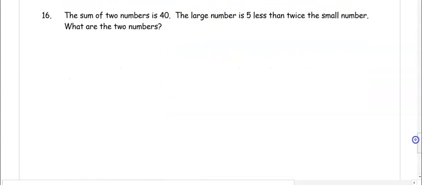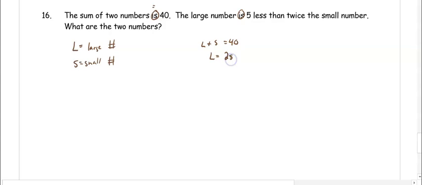In number 16, the sum of two numbers is 40. The large number is 5 less than twice the small number. What are the two numbers? So our variables here are going to be the large number and the small number. So in the first one, we have the sum of two numbers is, which equals 40. So L plus S equals 40. Then we have the large number is 5 less than twice the small number.